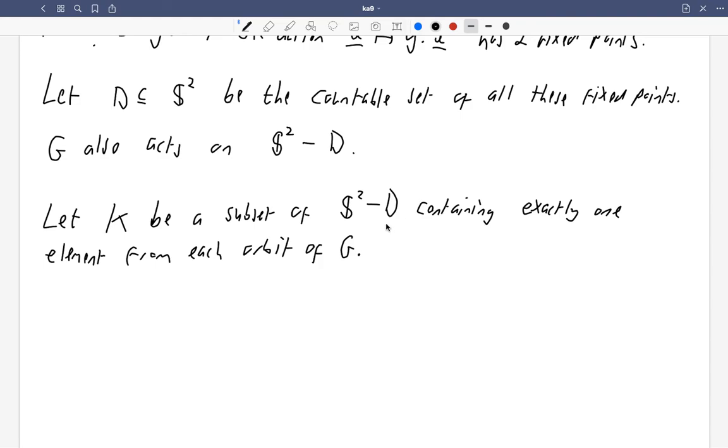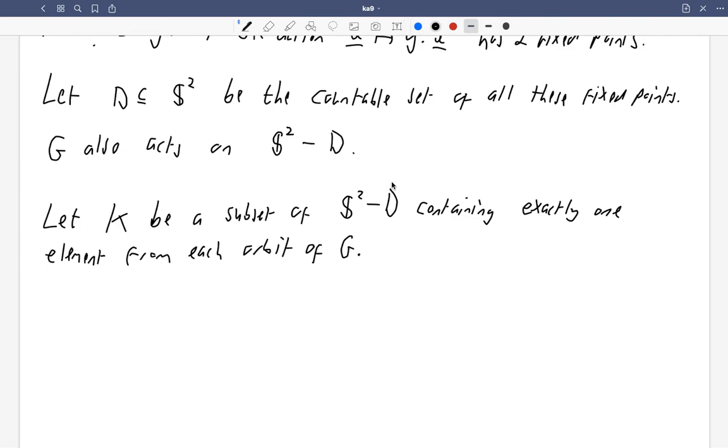So the group acting on this set is moving elements around. It gives us an equivalence relation. Two elements are related in the equivalence relation if there is some group element that takes one element to the other.